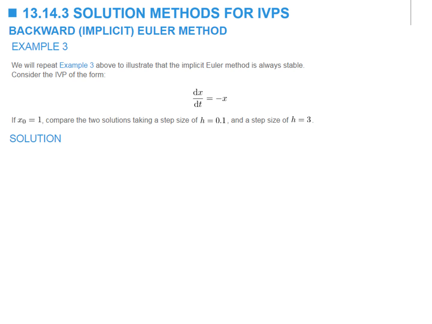dx by dt, the rate, is equal to -1 multiplied by x, and we have an initial condition when time is 0, x0 is equal to 1, and we're going to compare using a step size of h equal to 0.1 and a step size of h equal to 3.